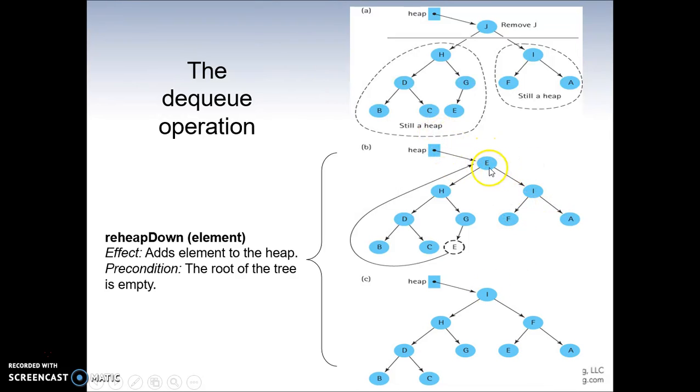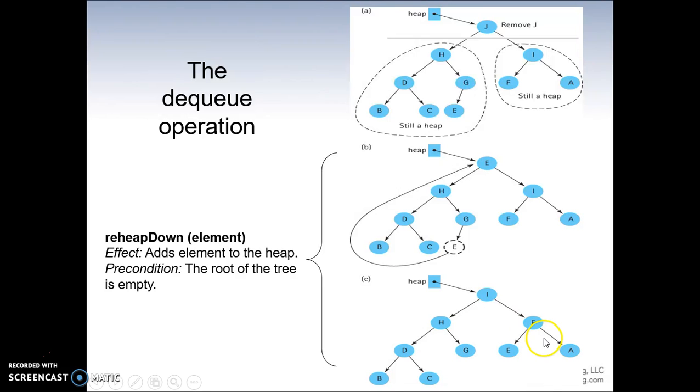And then it's going to reheap down to the right. Now we found that F is greater than E, so we just reheap down E again. Now we got our heap back, which is complete shape, and the order is good, right? Parents are always greater than children. When you do DQ again, same thing. Remove I, put C there, right? And see which of F and H is greater.